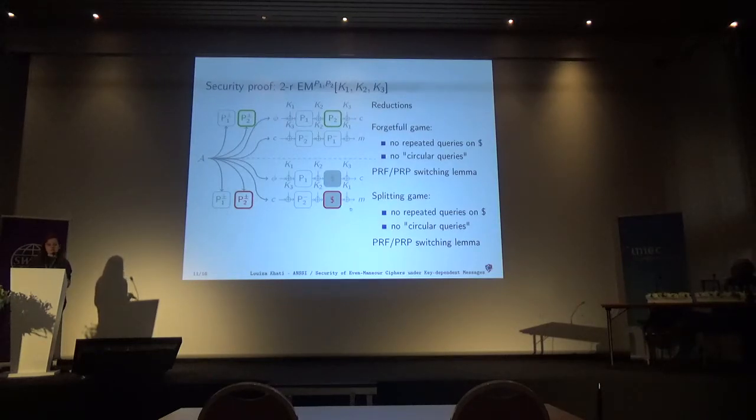And we can see that with more or less the same constraints, if the adversary is not allowed to ask the same query to these two interfaces, and if he is not allowed to do these circular queries, its advantage is reduced to the advantage of an adversary trying to distinguish between a PRP and a PRF once again. So now there are many other collisions to catch.